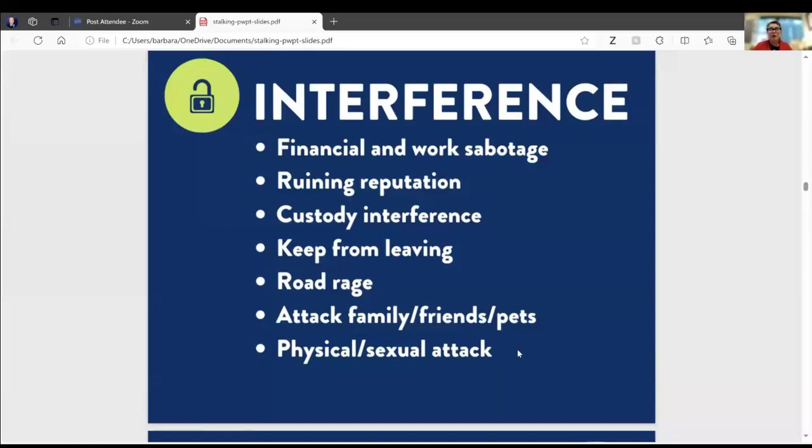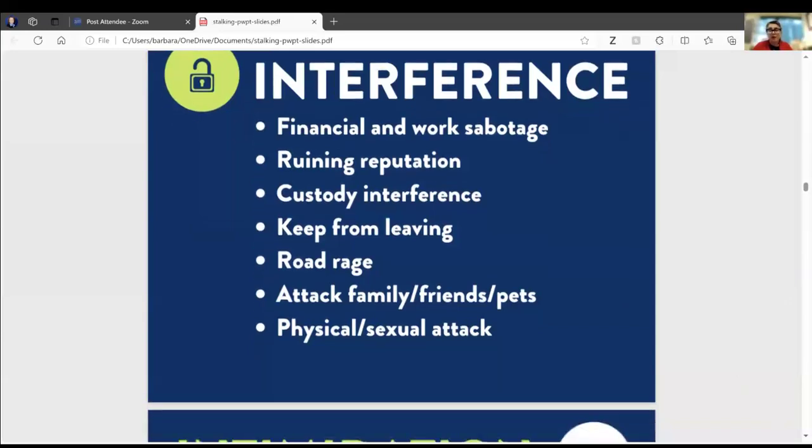And then there is the physical or the sexual attack, where they physically harm the victim or they sexually harm them. There's a lot of coercion that goes into sexual assault in relationships. So do not rule out a sexual attack simply because the victim may have given in.